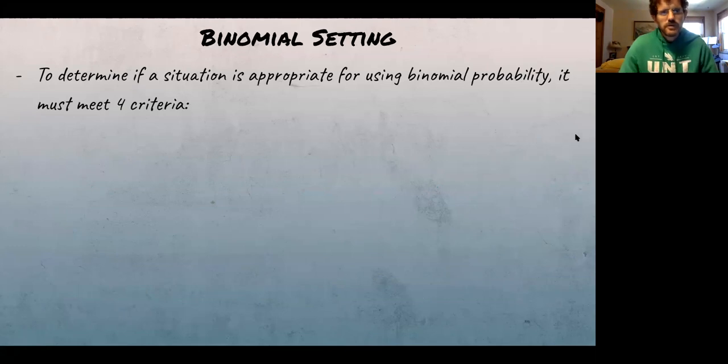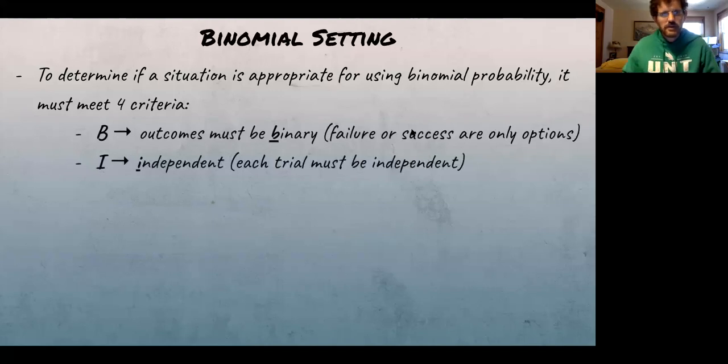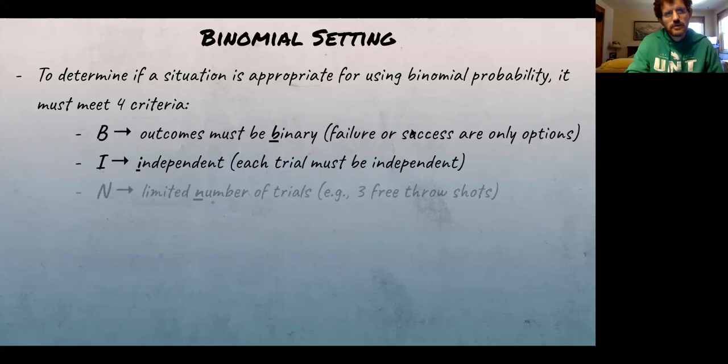To determine if a situation is appropriate for using that binomial formula that we just wrote down, the one that looked kind of complicated, we need to meet 4 criteria. 3 of them we already know. The outcomes must be binary. They must be independent. Here's the other one: there must be a limited number of trials. So you're always on the lookout for this.